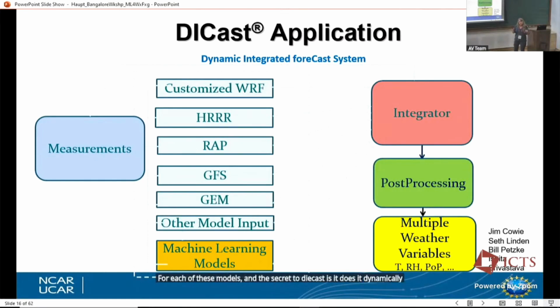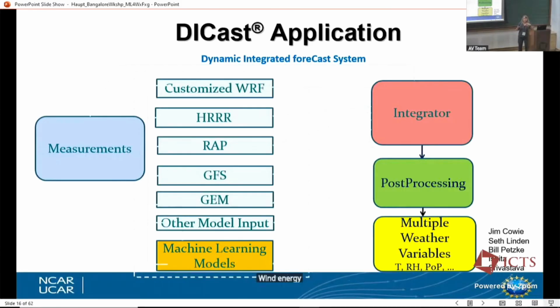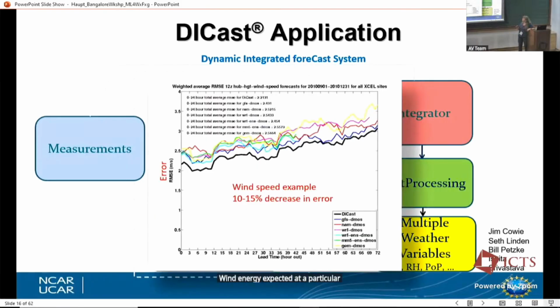It does learning every single day for its particular targets. So, of course, it does post-processing and it outputs whatever weather variable you happen to want, whether that be 2-meter surface temperature, or wind energy expected at a particular wind farm.